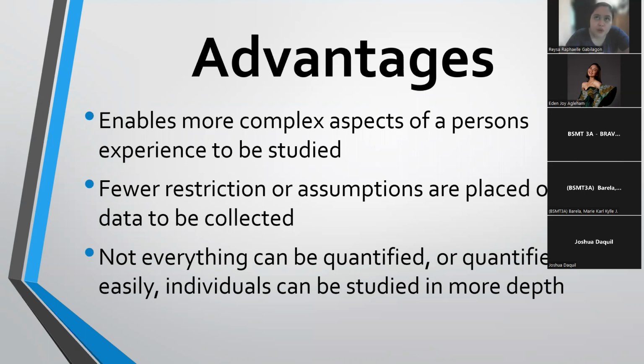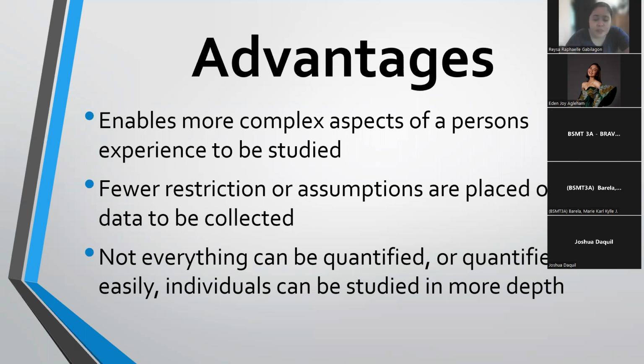Compared to quantitative research, you're going to do interviews in qualitative research where you will be asking open-ended questions. So you can explore a lot of things from your human subject or your participant.